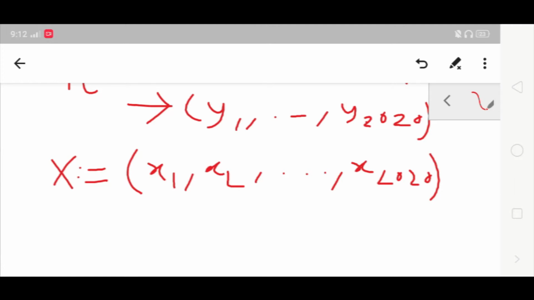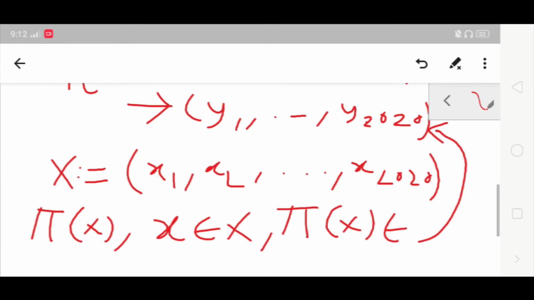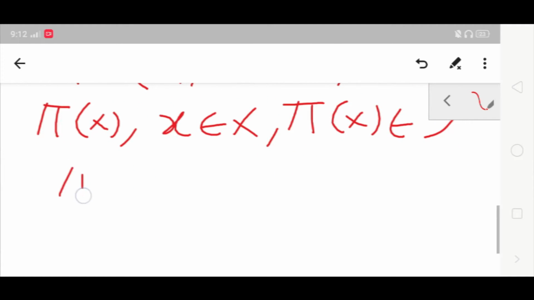Then pi of x belongs to the permutation as I have mentioned here, which means if I take pi of xi, it should give us yi.